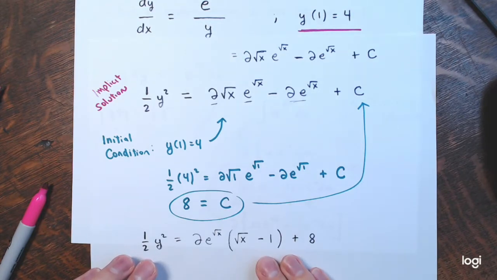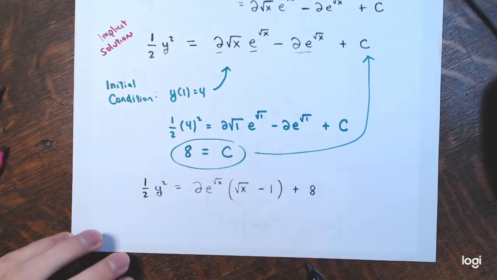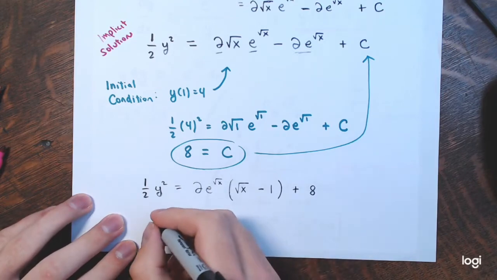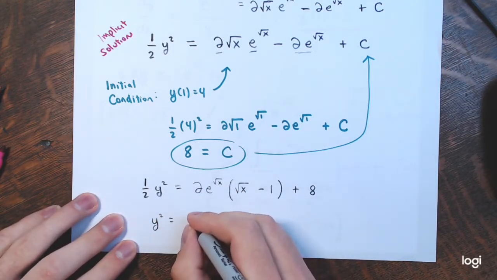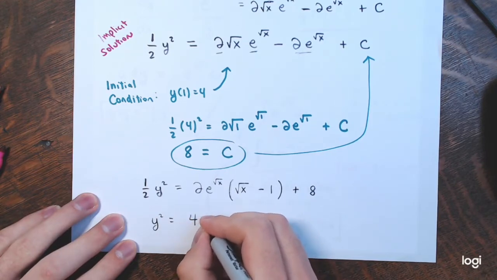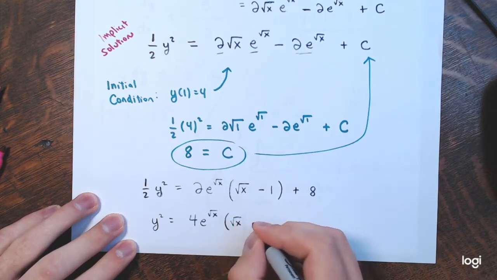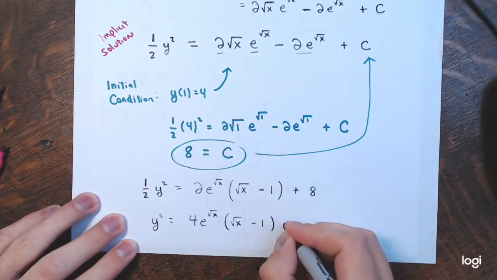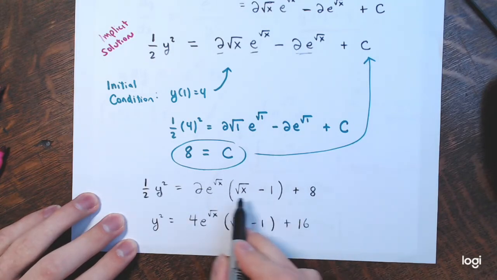Now this is still an implicit solution. Y is not solved for, so now we solve for y to get an explicit solution. So I multiply both sides by 2 to get rid of the half, so we'd have 4 times e to the square root of x times the quantity the square root of x minus 1, and then plus 16. Multiply this term by 2, this product by 2, that term by 2.